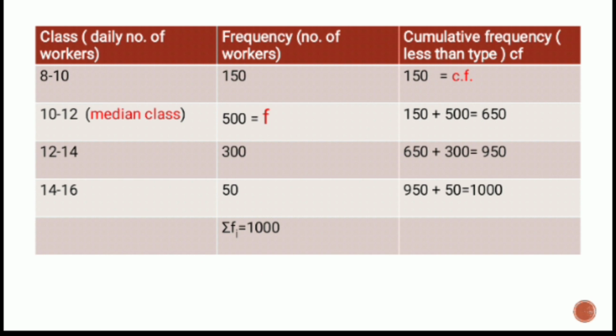After doing n by 2, you have to see that in the cumulative frequency, the value 500 comes in between 150 and 650.